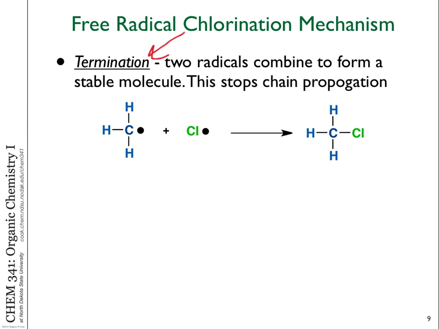One example, which would actually give the product for our chlorination reaction: if the methyl radical which is generated encounters a chlorine radical, they can just combine those electrons to form a new covalent bond. Okay? A free radical species plus a free radical species forms a stable molecule and nothing else to continue the chain.